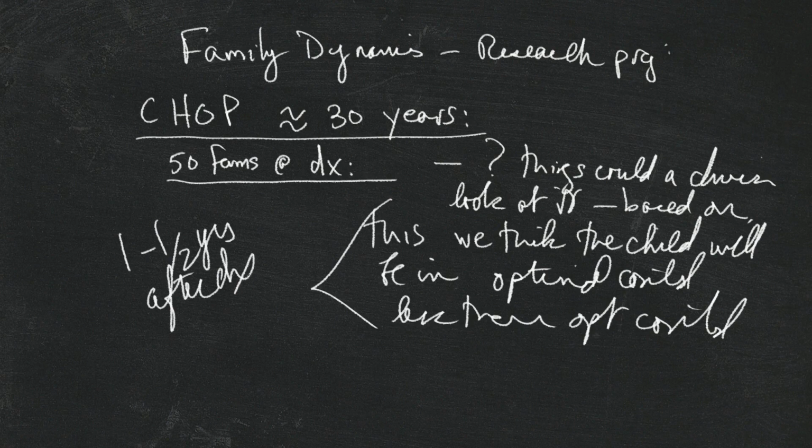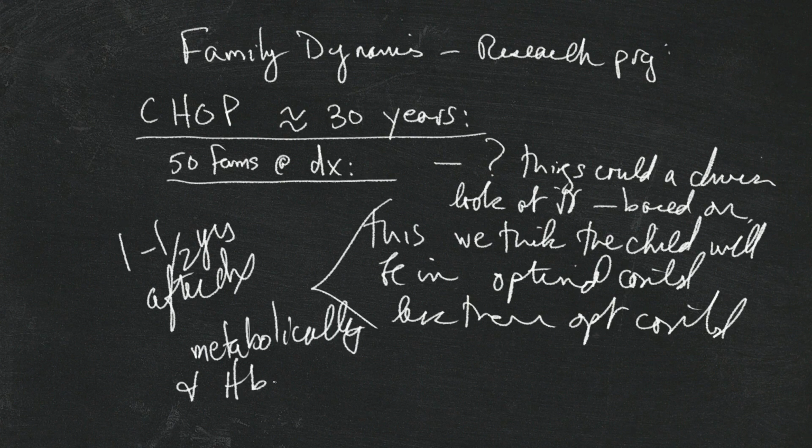So essentially what we're saying is that the research project was trying to identify some variables that would give a healthcare professional, a diabetes professional, a sense about looking at this one thing, we can predict how this kid's going to do metabolically and how their hemoglobin A1C will look.